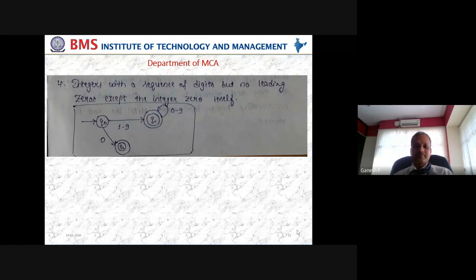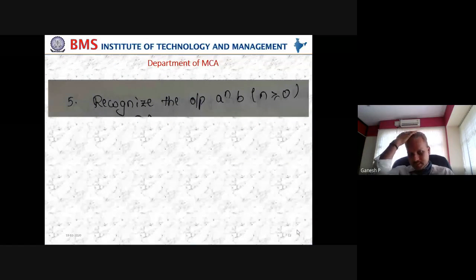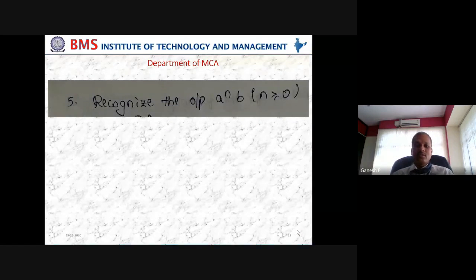So take the another one. Recognize the output a power n b. Now zeros and ones are over. Characters come now, that means anything can come: alphabets, characters, digits, all are possible.